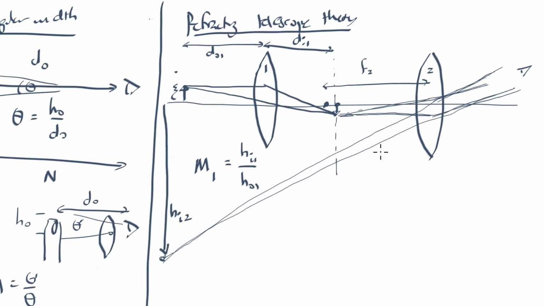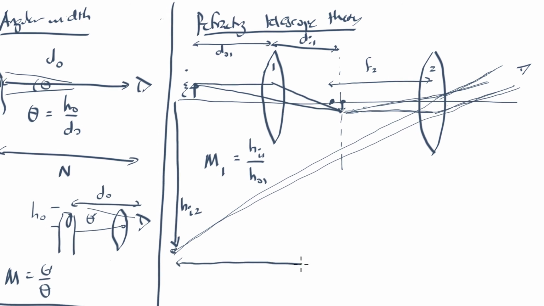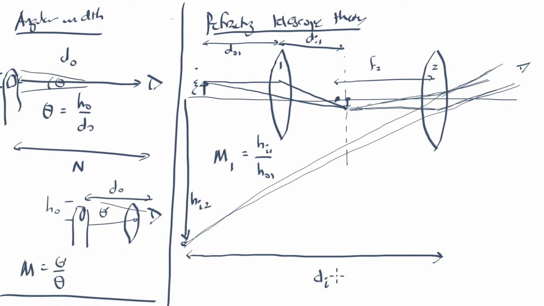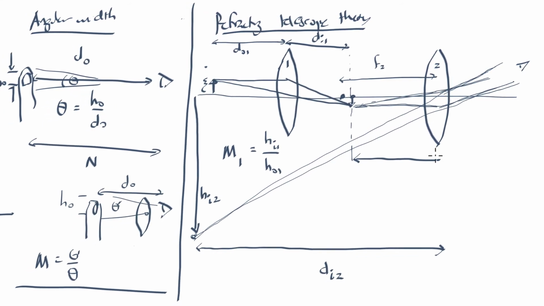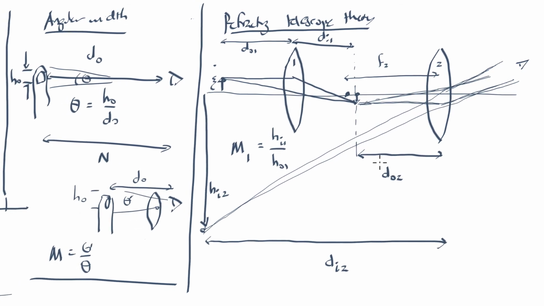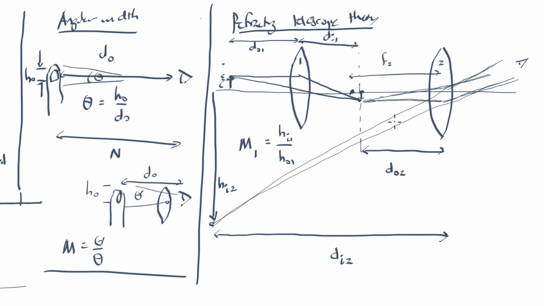And what you can do, once again using the thin lens equation, is figure out the distance of the image formed by lens 2 if you know the distance of the object that you're looking at with lens 2. Remember, the object for lens 2 is the same as the image from lens 1.